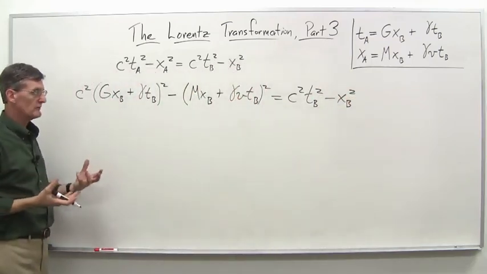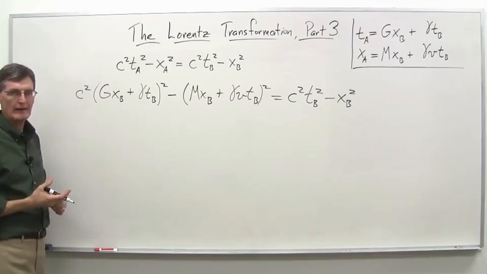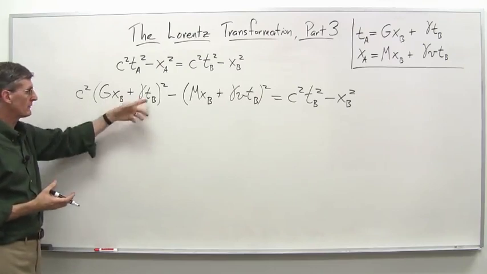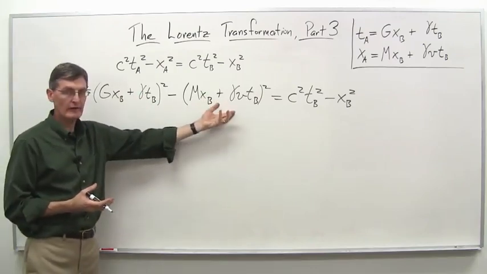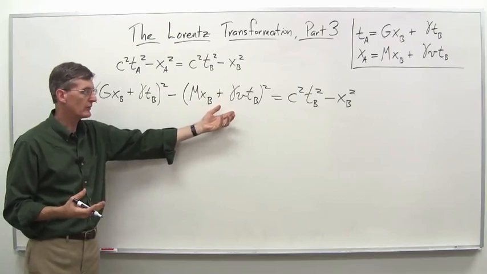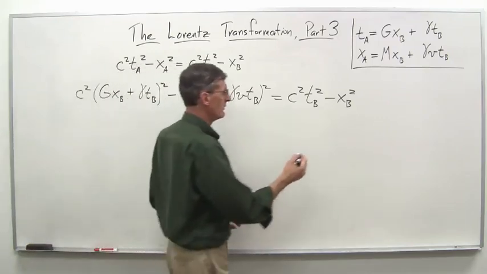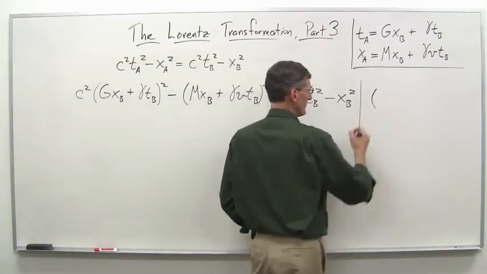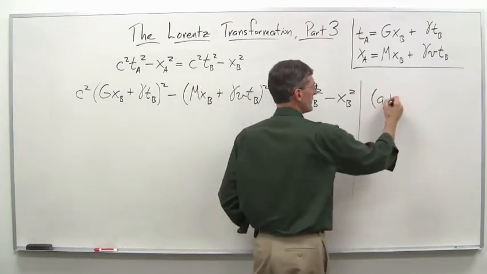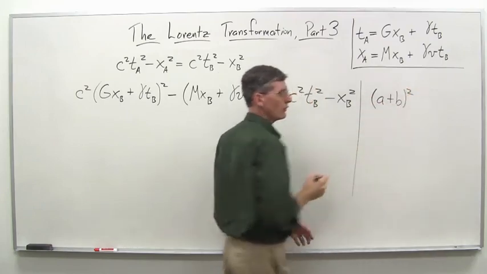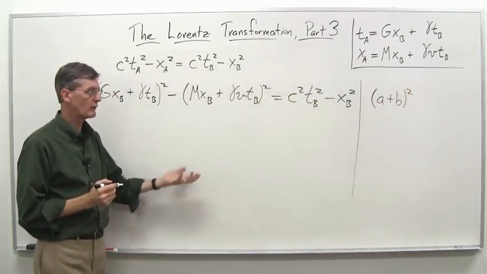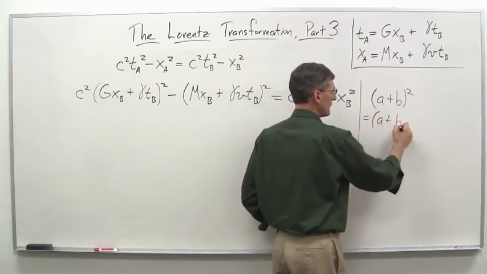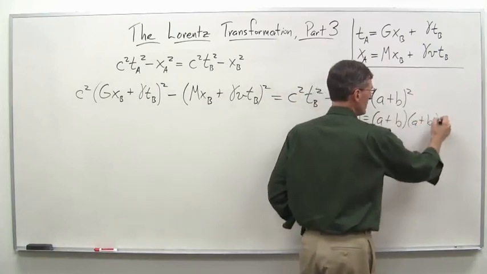Okay, so now we just work the algebra here. We're going to multiply this out. We've got this squared, and we've got this squared. And let me just remind you about something, for those of you who maybe haven't done algebra for a while. Remember, if we have something like a plus b quantity squared, and we multiply that out, that's equal to a plus b times a plus b.